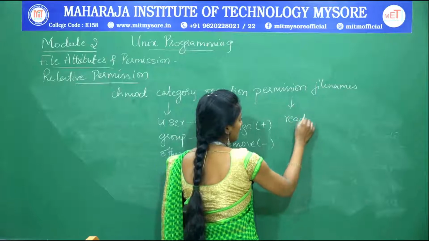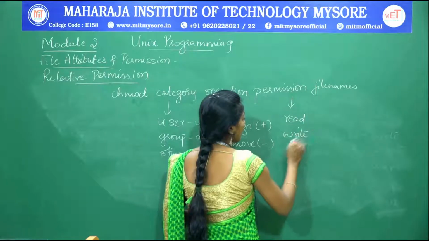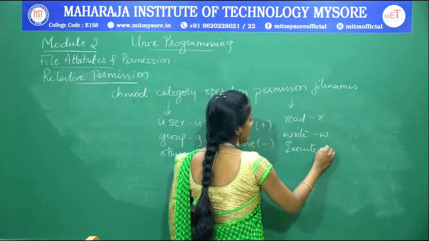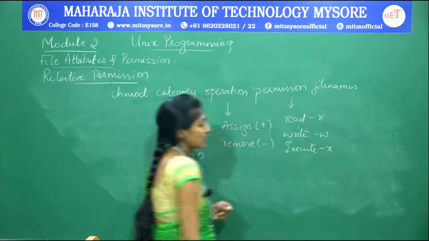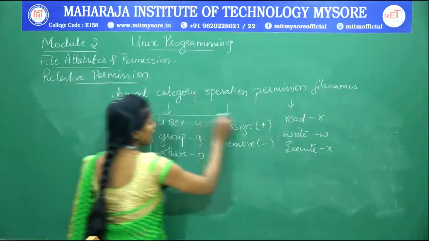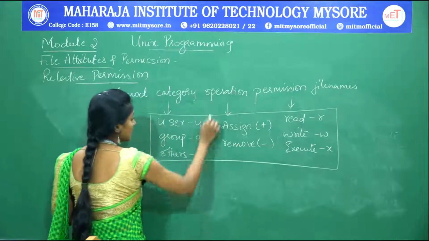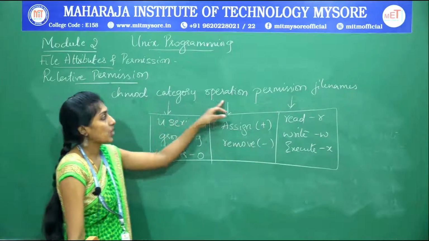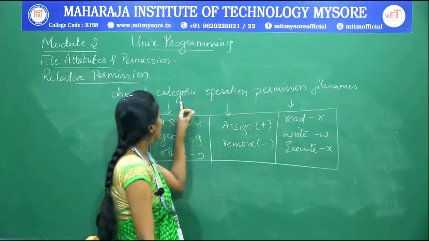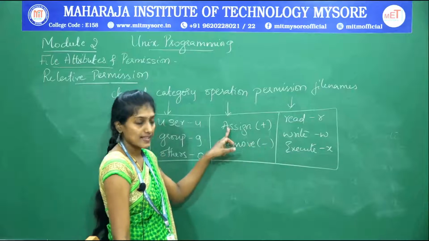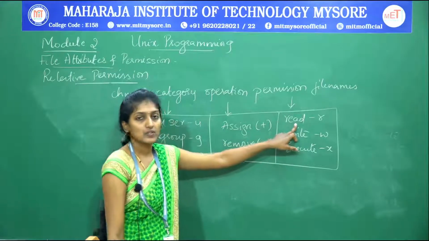R is read, W is write and X is execute. And the last one is the file name. So this is the abbreviation for all the arguments of chmod: category is user, group and others, operation is plus or minus, that is assign or remove, and permission is read, write and execute.